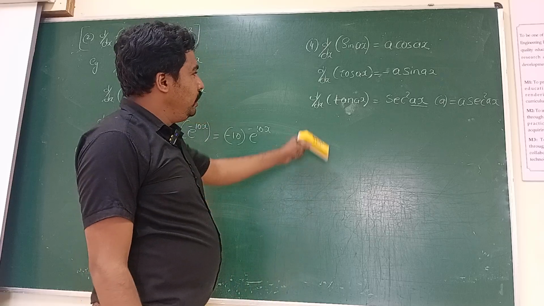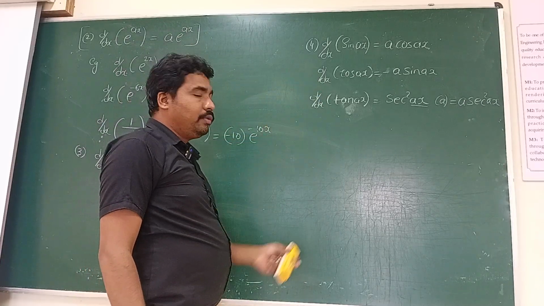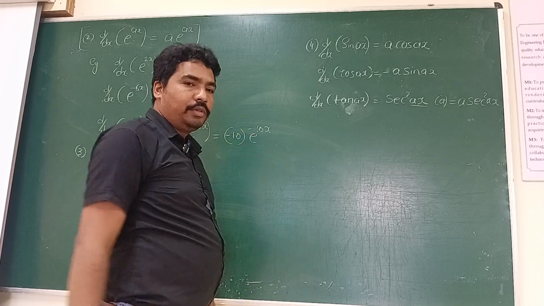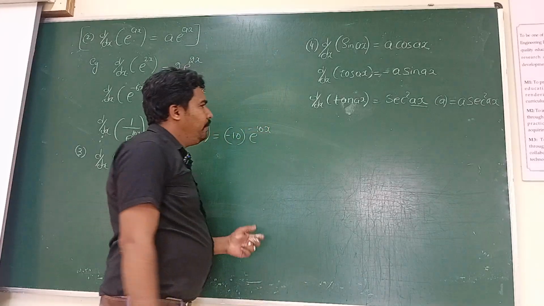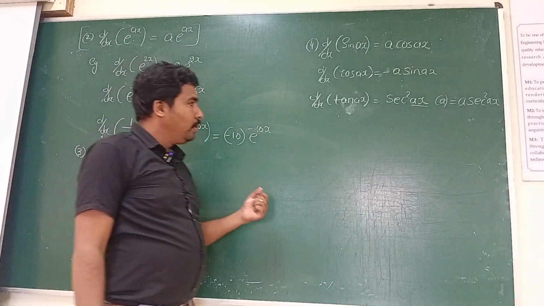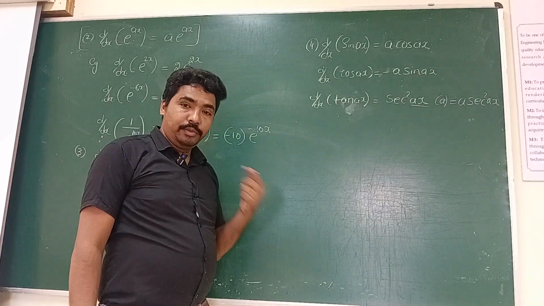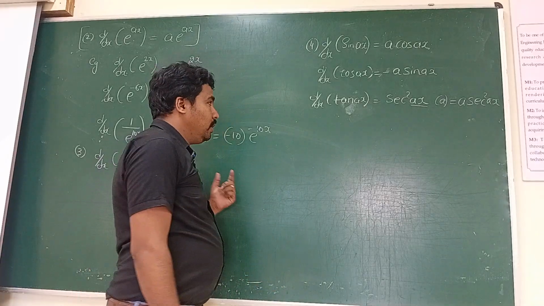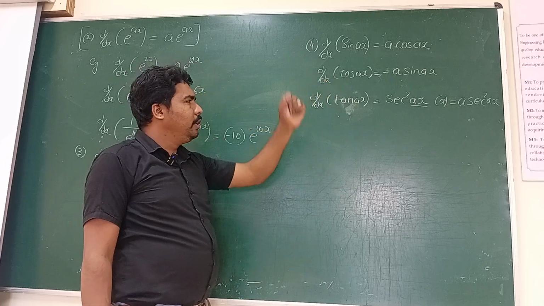If we remember these three, then for the remaining ones, cot, sec and cosec, the reciprocals, we can somehow manage with them. Okay. So these are very important fundamental formulae in differentiation: differentiation of polynomial, exponential term, logarithmic term, and trigonometric term.